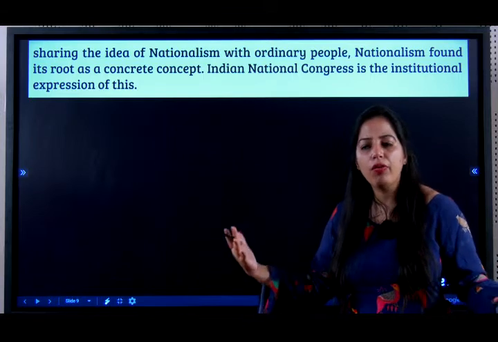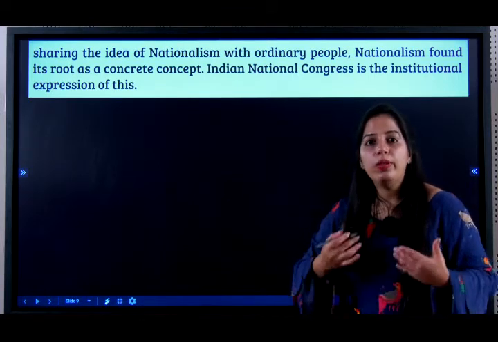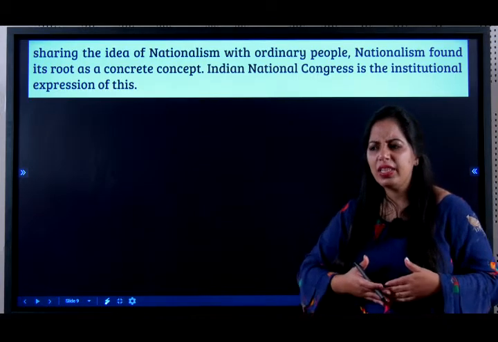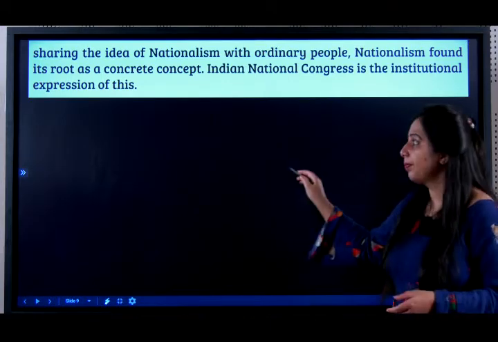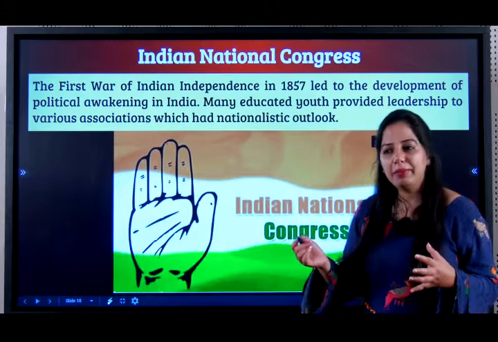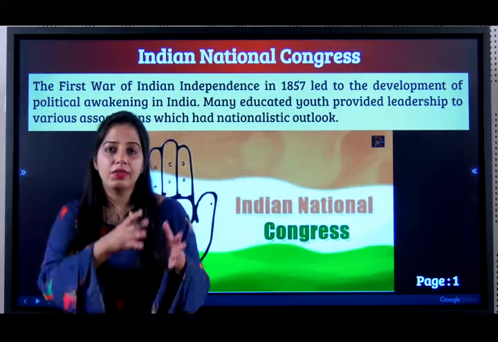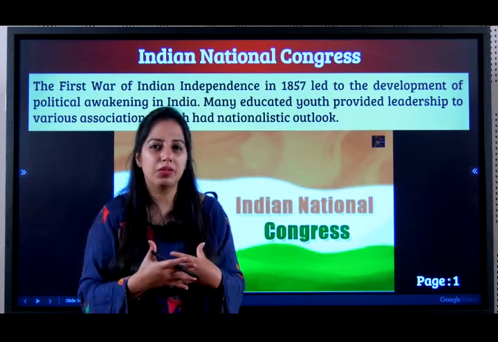It was an institution where all of these educated Indians came together, and they said, we will do something about freedom so that we don't have the foreign rule over us. A quick recap. We saw that the Indians were fighting against the British as kings because they had political goals.